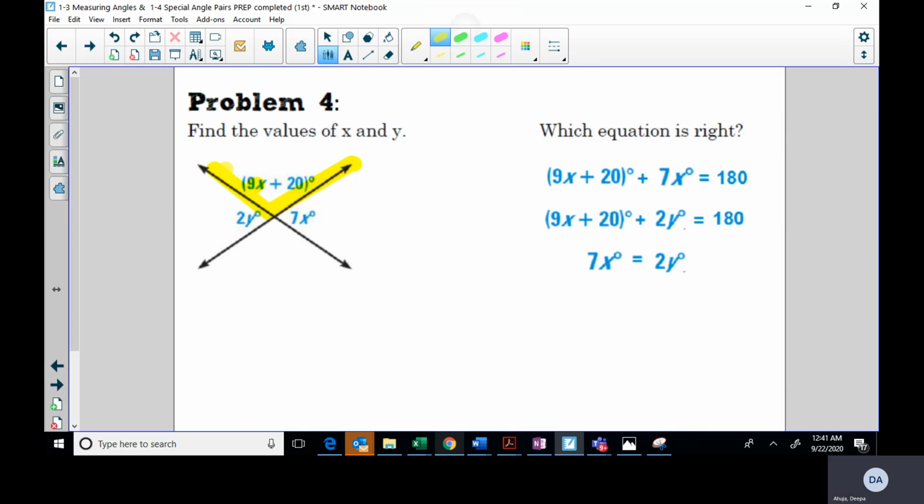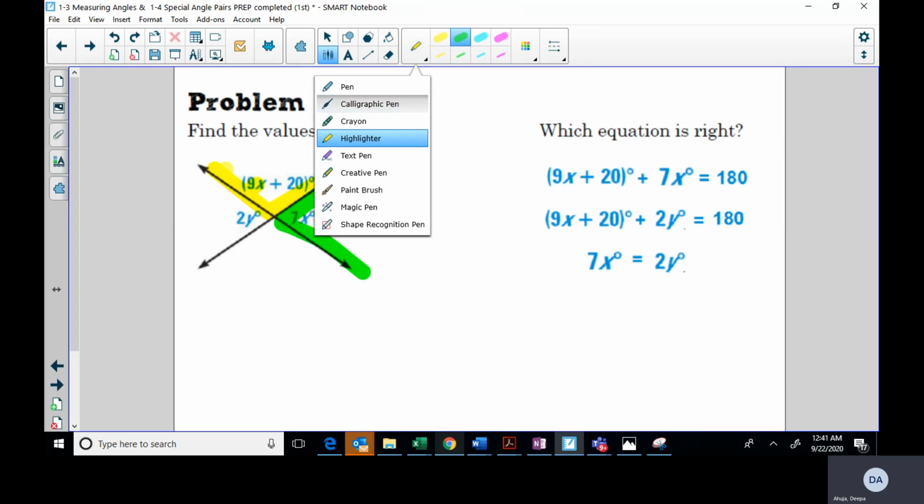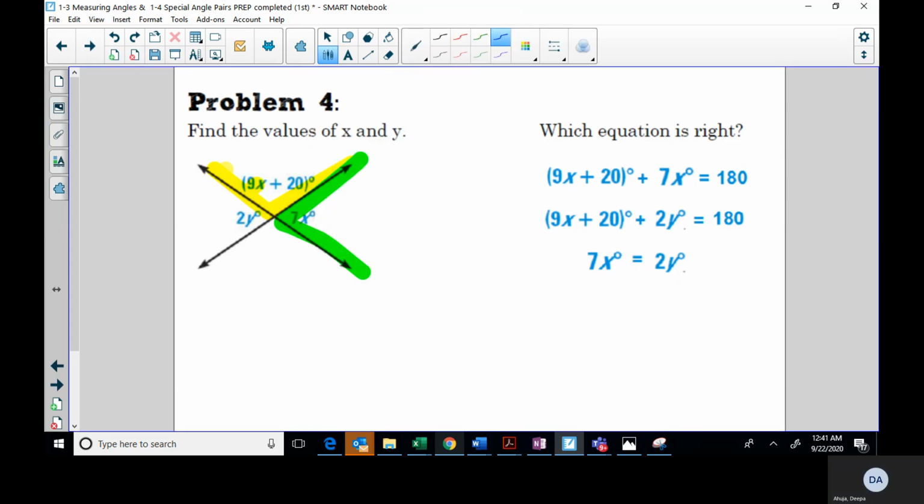This is your 7x angle. Are they forming a linear pair? Do we have a common side, a side where we have both the colors? Yes, we have a side. Let's label that side with red color. This is the common side.